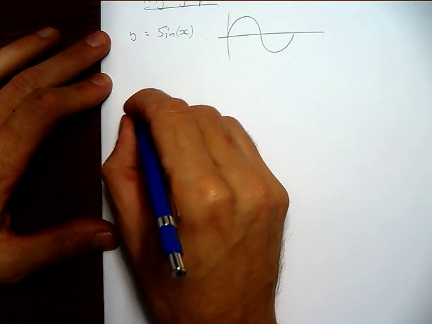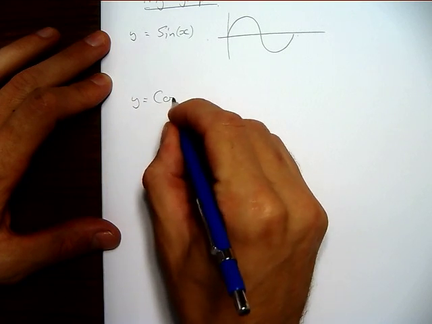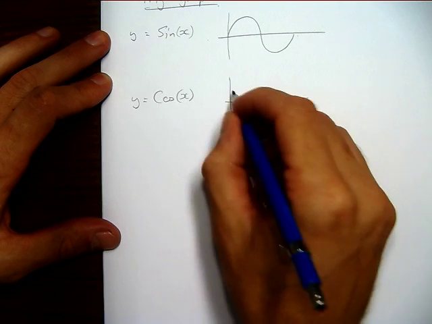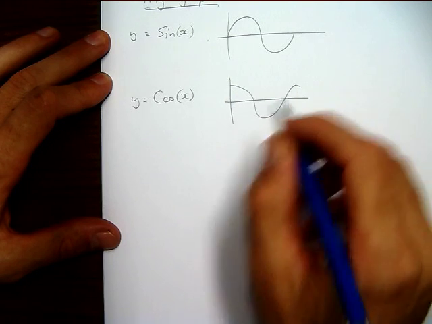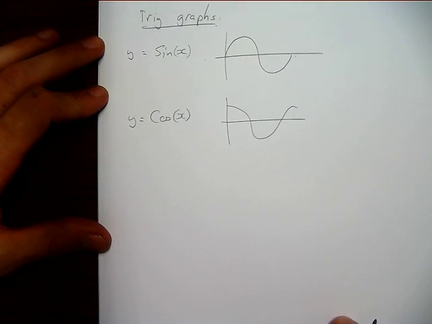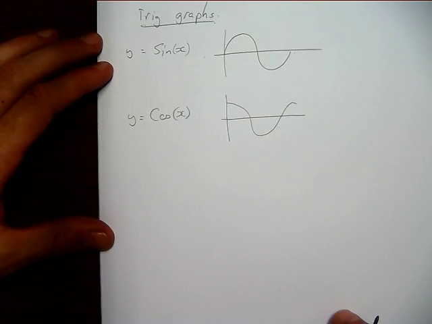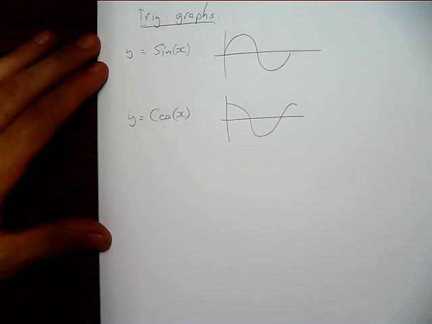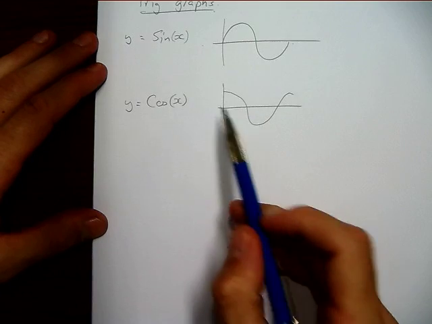And our cos graph looks like this. Okay, thanks for that feedback on my drawing. Okay, so we've got our cos graph and our sine graph.